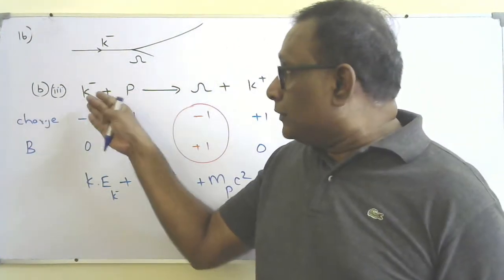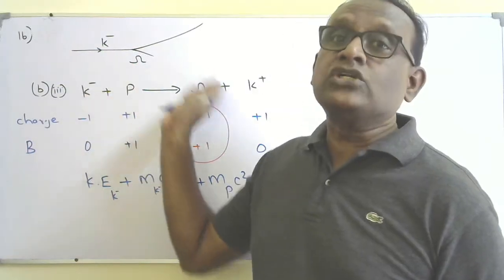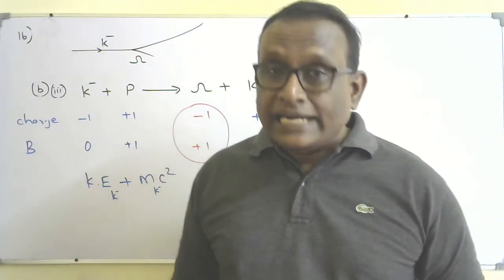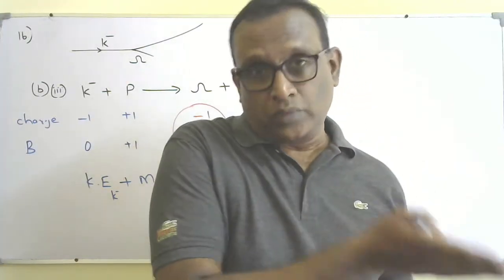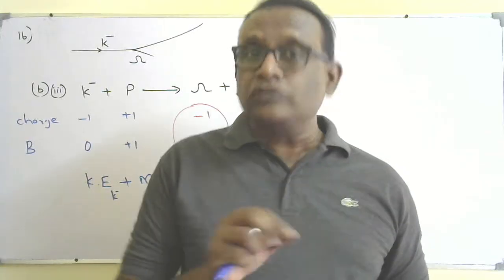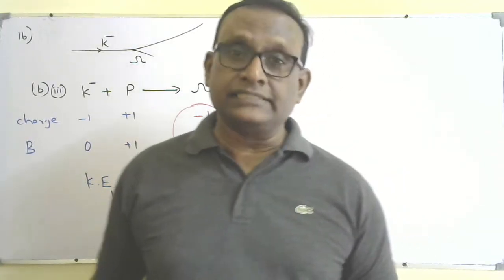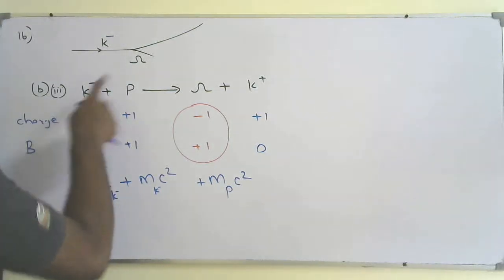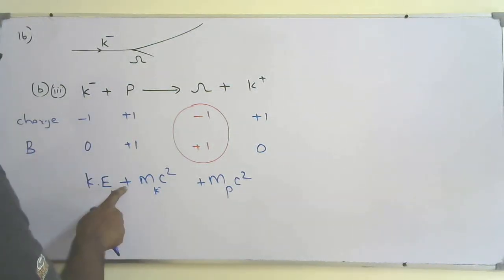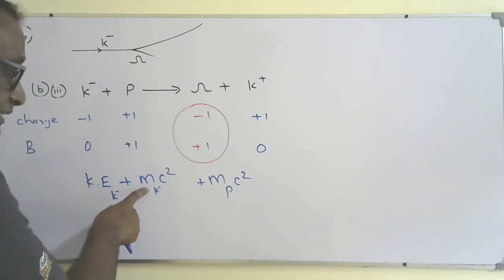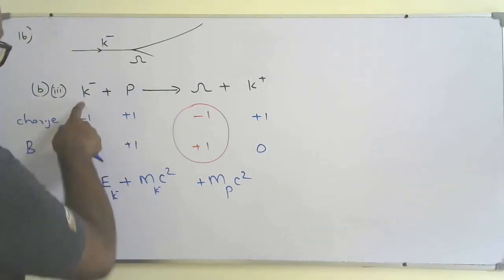The reason is that, according to the special theory of relativity, mass can be converted to energy, or energy could be used to create new mass. So mass alone will not be conserved, and energy alone will not be conserved. Total mass energy will be conserved. So the mass energy of K minus is the kinetic energy of K minus plus the equivalent energy of the rest mass of K minus.